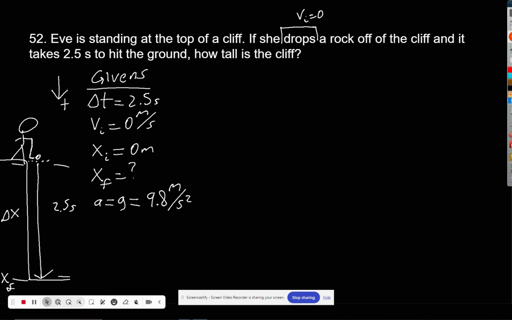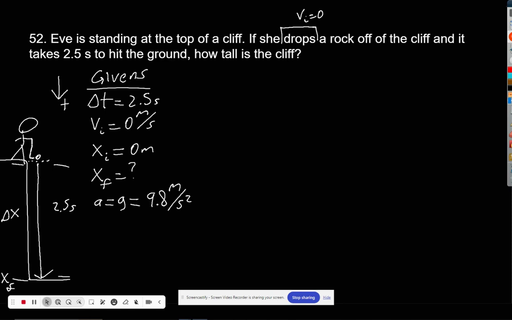The reason I'm making it positive is just because I don't want to have to deal with a negative there. But you could make it negative. That just would make your final answer negative, but we're just looking for the height, so the number, or you could say the absolute value of the number, is all we need.